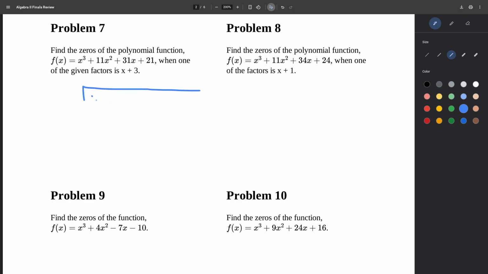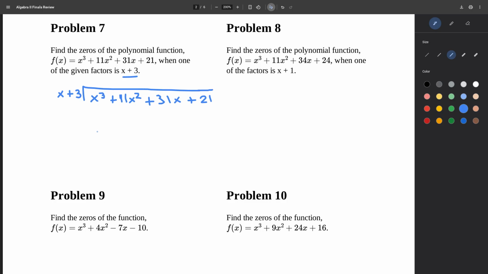We're going to take x cubed plus 11x squared plus 31x plus 21, and we're going to divide it by x plus 3. And then we're going to factor the solution.